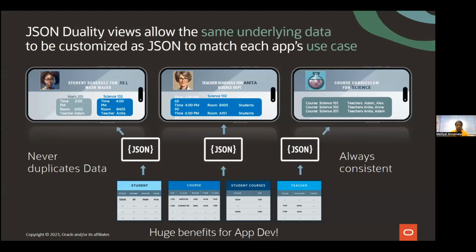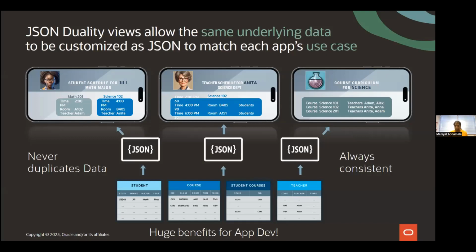And one key technology is the JSON duality views that are part of Oracle 23C, where you can interact completely with JSON data from your app. You can read data as JSON, you can update data through JSON, you can use an API that's specific for JSON documents, or you can use SQL. So you can completely interact with data as JSON, and the underlying storage is optimized.